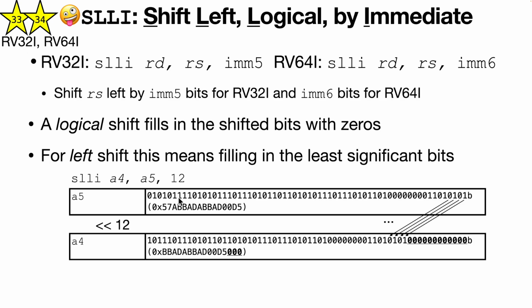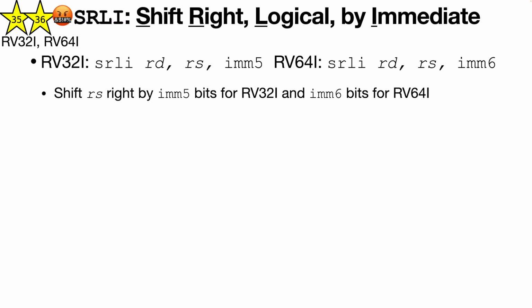And these upper 12 bits just kind of fall out of the side of the register and get lost to history. So the net result is that we have this bada dudes or whatever it is. Anyways, just 12 bits of zeros show up at the bottom and everything else is shifted to the left and you lose the top 12 bits. That's shift left logical by an immediate.